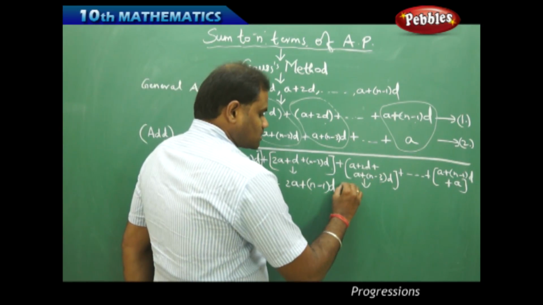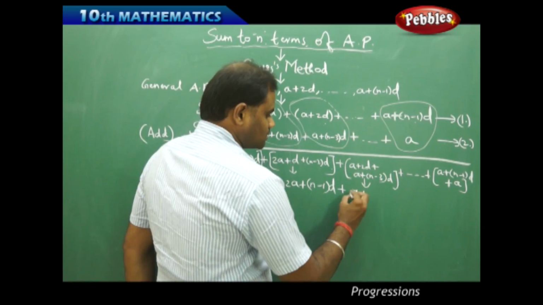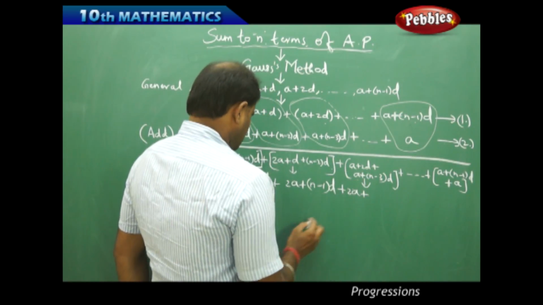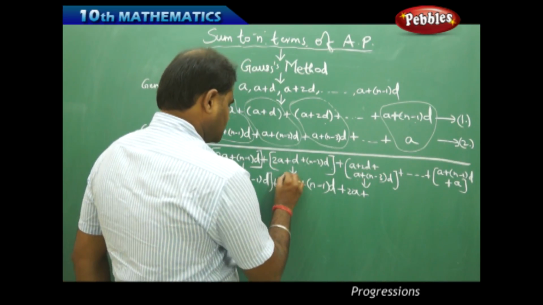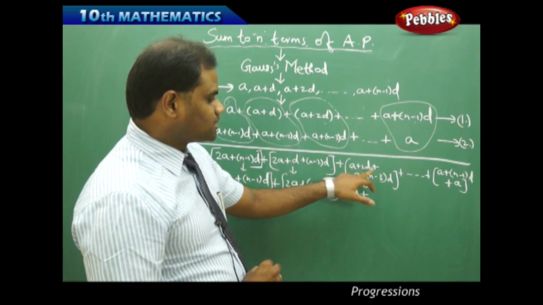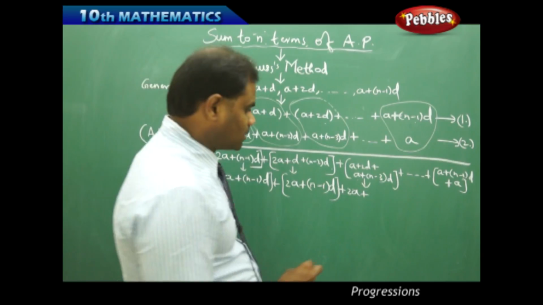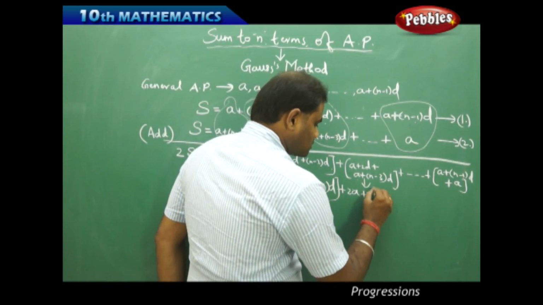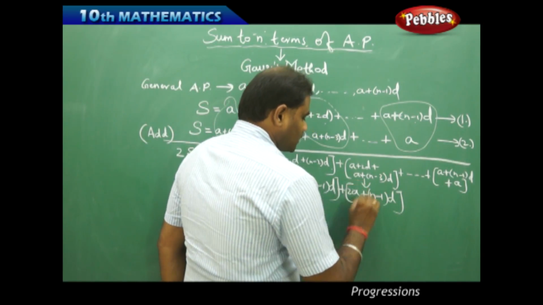Again for the third pair I get a plus a, which is 2a, and taking d common, n minus 3 plus 2 is again n minus 1. So this also gives me an equal term, n minus 1 d.